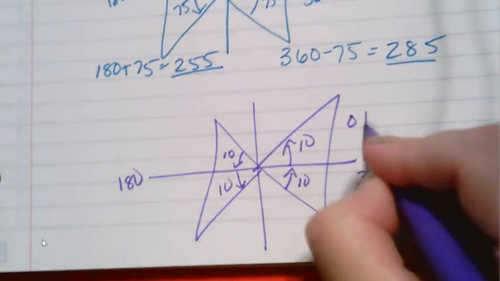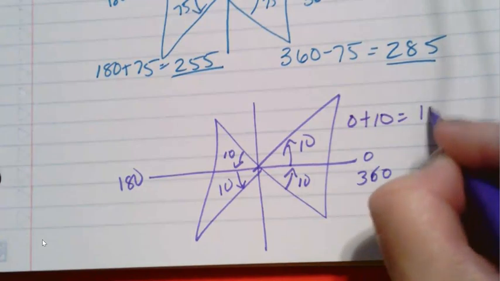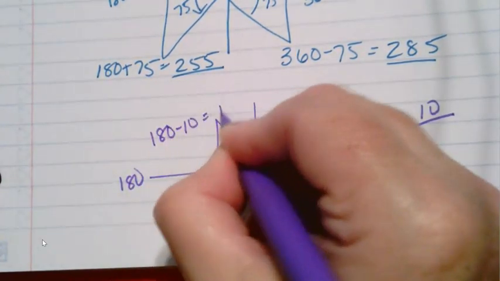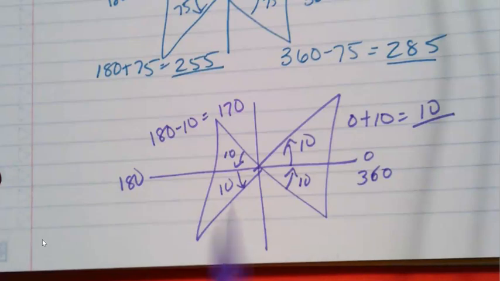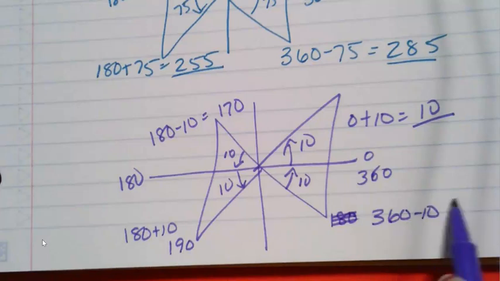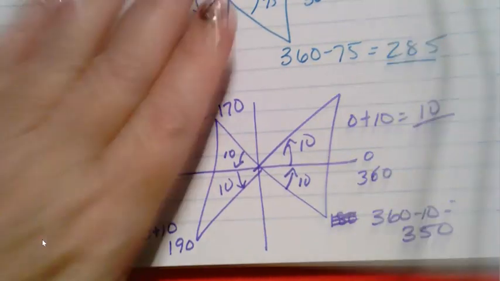So 0 plus 10 is 10. 180 minus 10, 170. 180 plus 10 is 190. And ooh, how about 360 minus 10 is 350. Okay. I really like those. I think y'all are liking those as well.